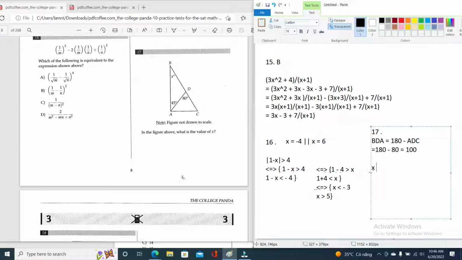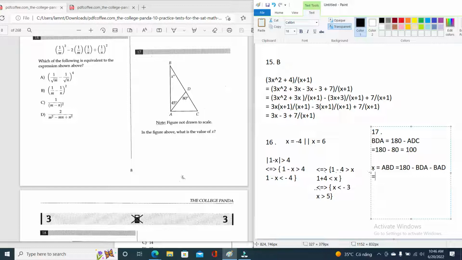So x is equal to ABD. So 180 minus the 2 remaining angles of the triangle, so minus BDA minus BAD.